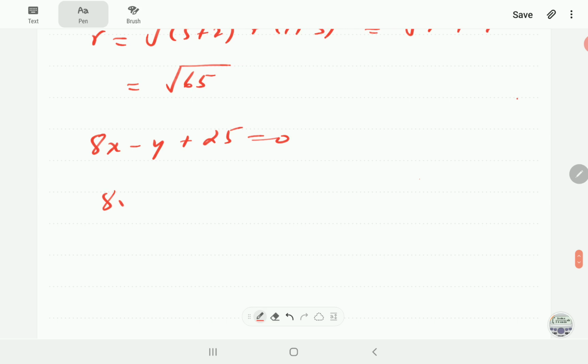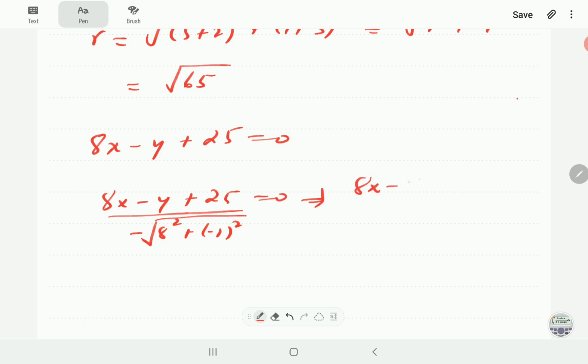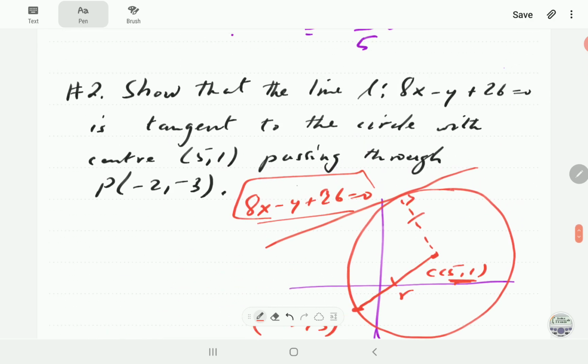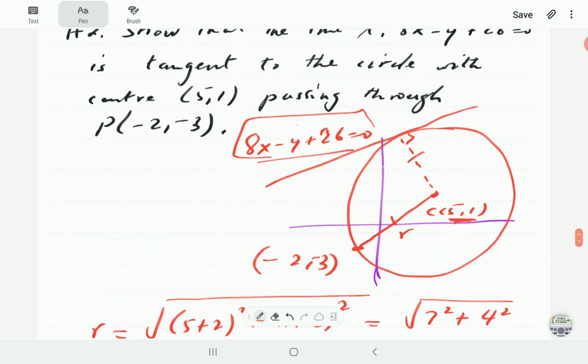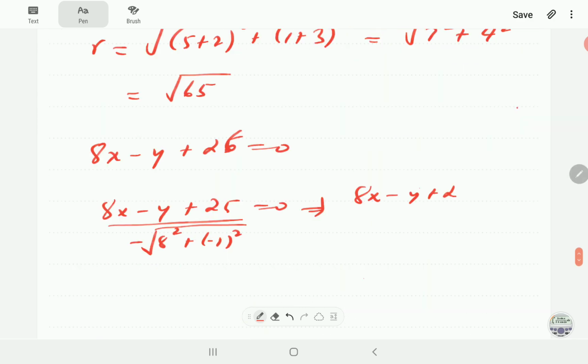We are going to divide this by the negative, because this is positive, of the square root of 8 squared plus negative 1 squared. So this is going to give us 8x minus y plus 26, all divided by negative square root 65.